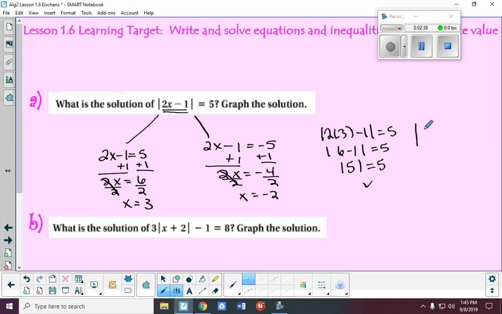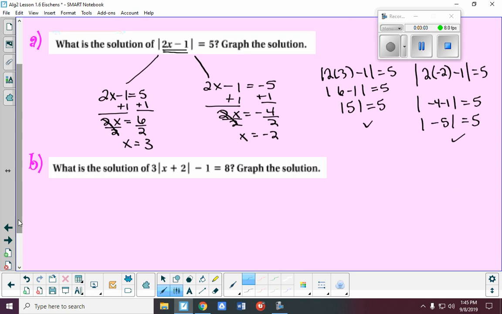When we plug in -2, we would have the absolute value of -4 minus 1, and then that would be the absolute value of -5, which is 5. Does that equal 5? Yes, it does. So both -2 and 3 are solutions.